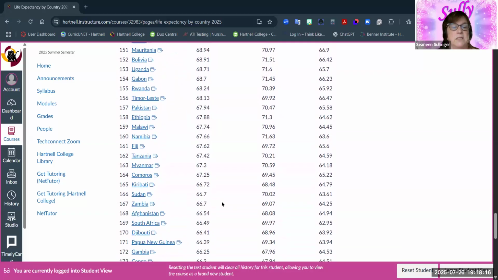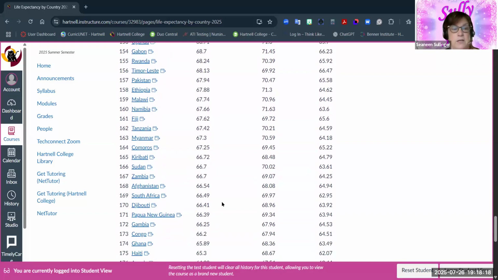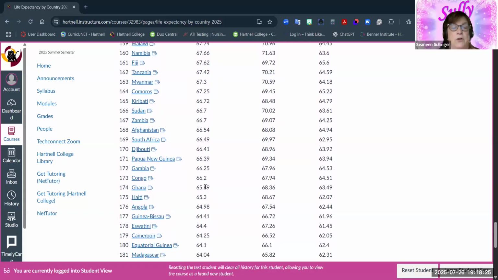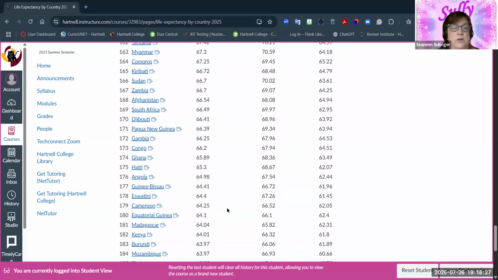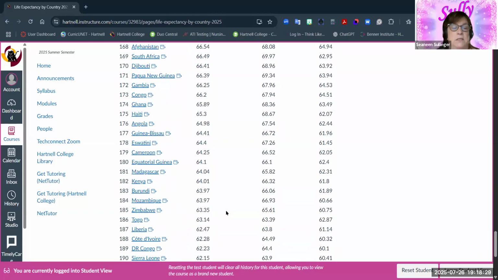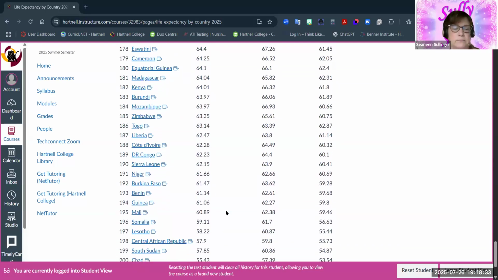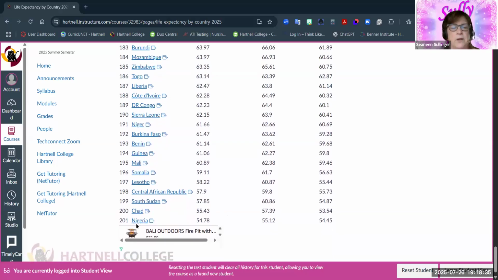Ethiopia 67, Zambia. So these are African nations. South Africa, Afghanistan, Ghana, Congo, again more African nations. Angola, Madagascar, Kenya, Mozambique, Zimbabwe, and then we get down to Nigeria, 54.